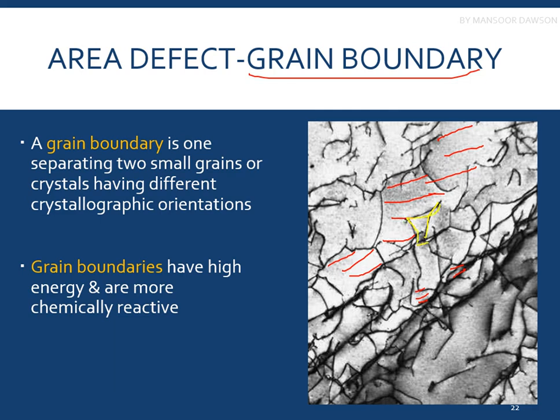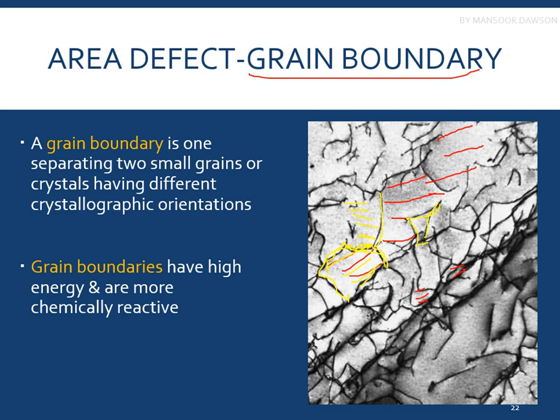So basically what is happening here is the misalignment of crystallographic orientations during solidification, and this causes these boundaries. For example, if a metal is solidified from this area, and the other part of the metal is solidified from this area, they will meet on this boundary, causing a grain boundary.